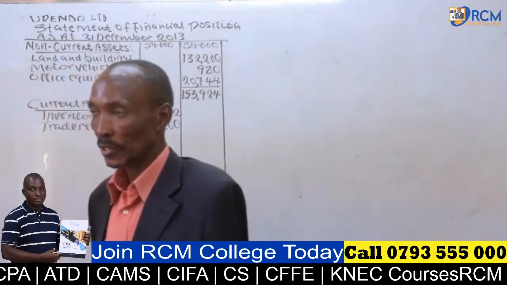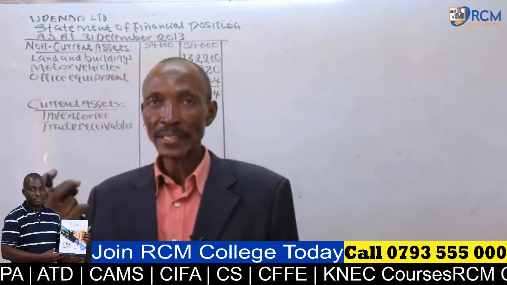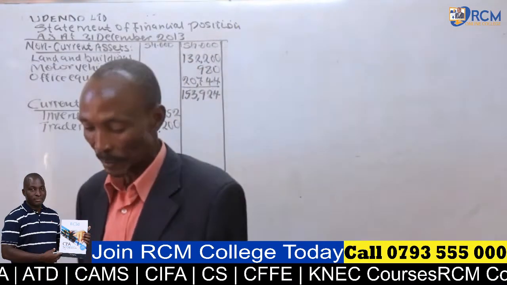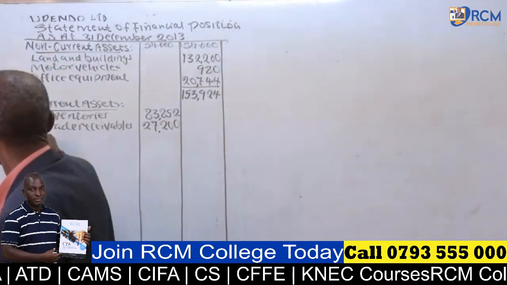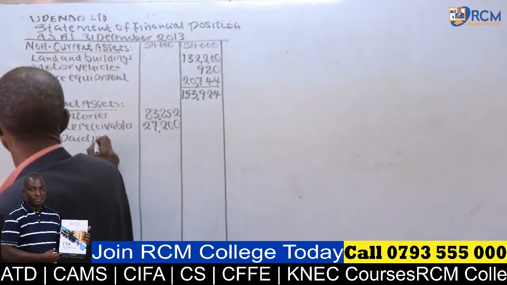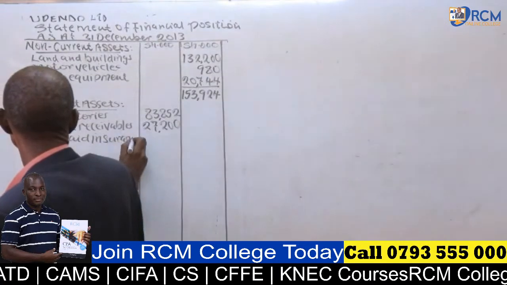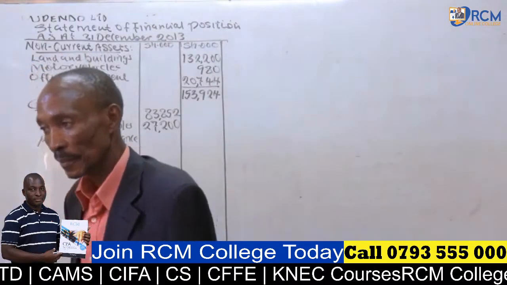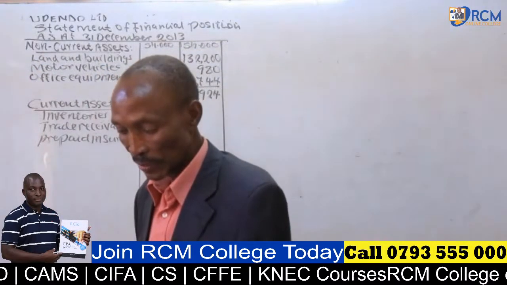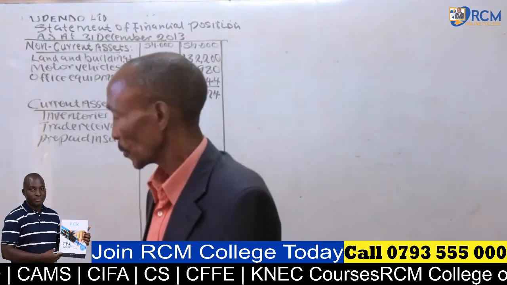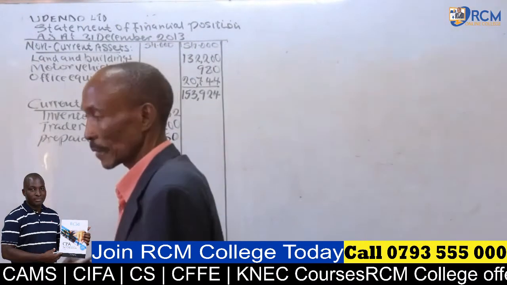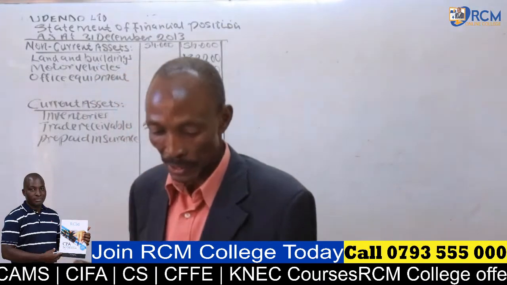Then what follows is either if there is any income receivable which has not been received, or there is any prepayment, we have prepaid insurance. Yes, we have the prepaid amount of prepaid insurance. We said 150,000, half of that amount was a prepayment.